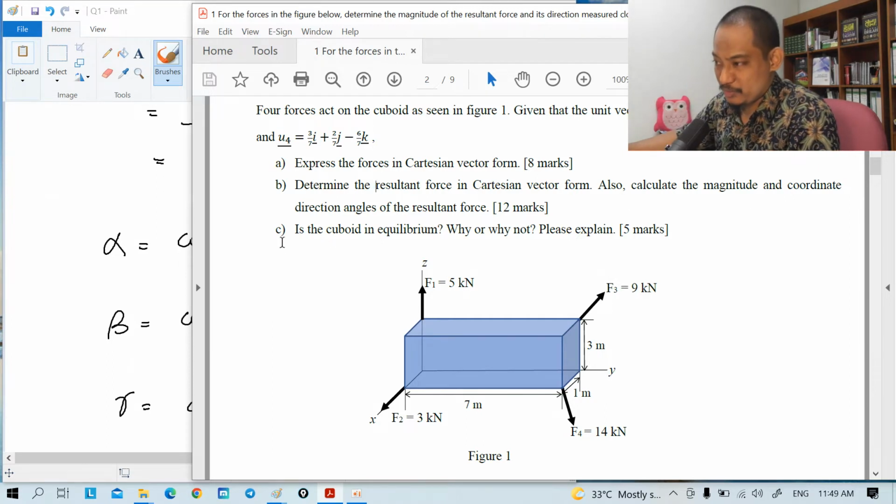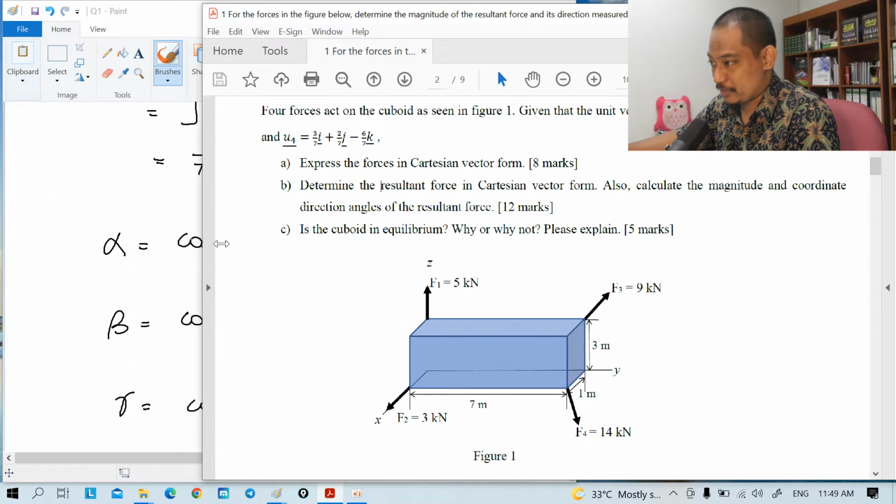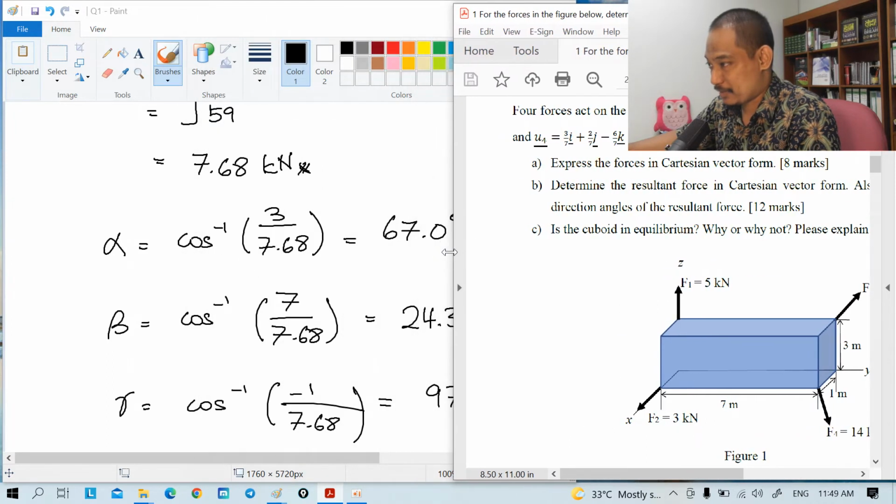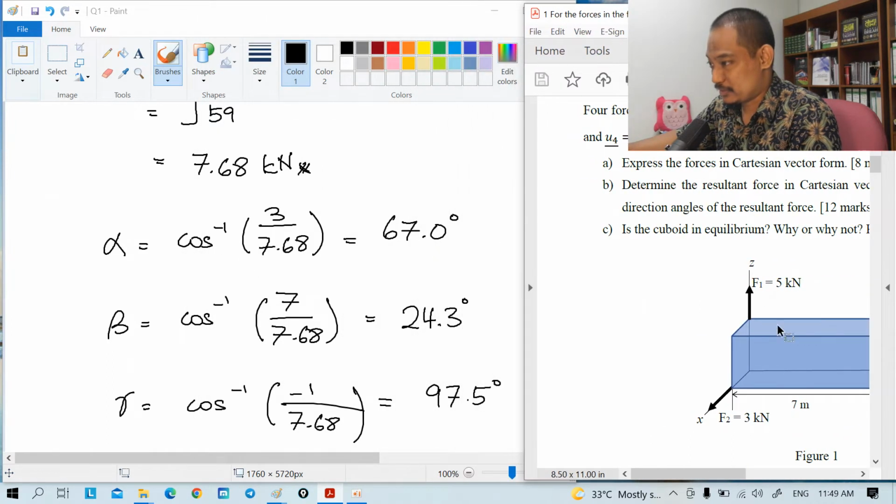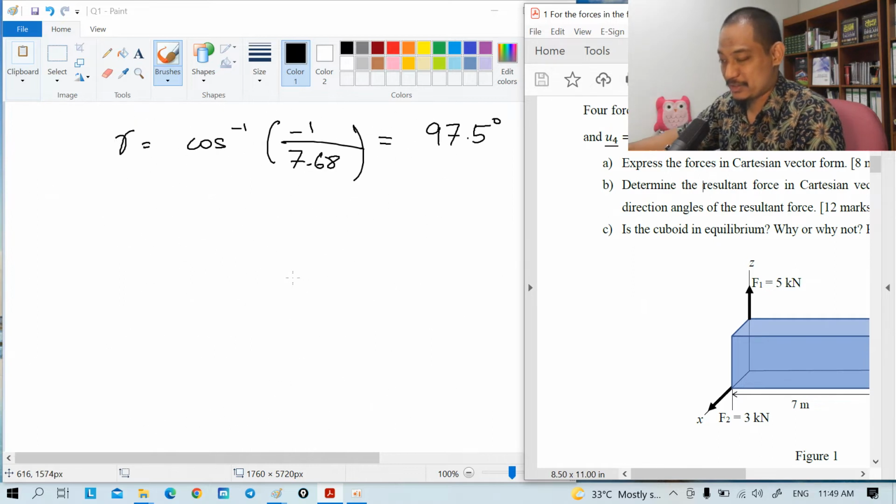Now part C: is the cuboid in equilibrium? Why or why not? Please explain. So is this thing in equilibrium?